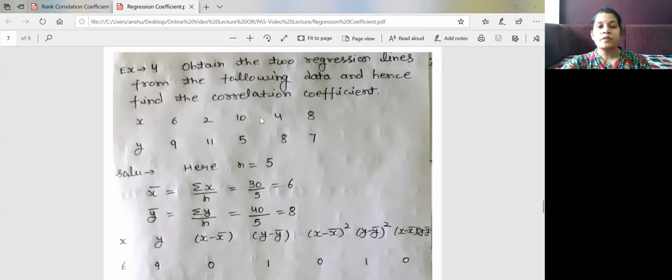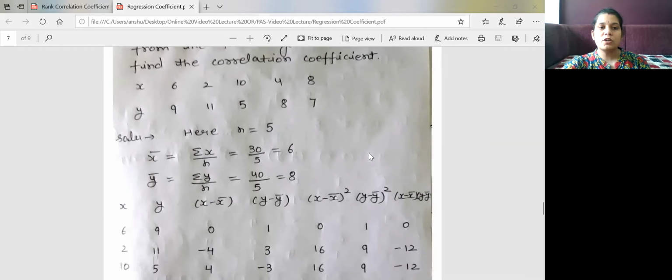Here we are given the values of x and y. The value of x is 6, 2, 10, 4, 8, and the value of y is 9, 11, 5, 8, 7. So the solution: here n is equal to 5.